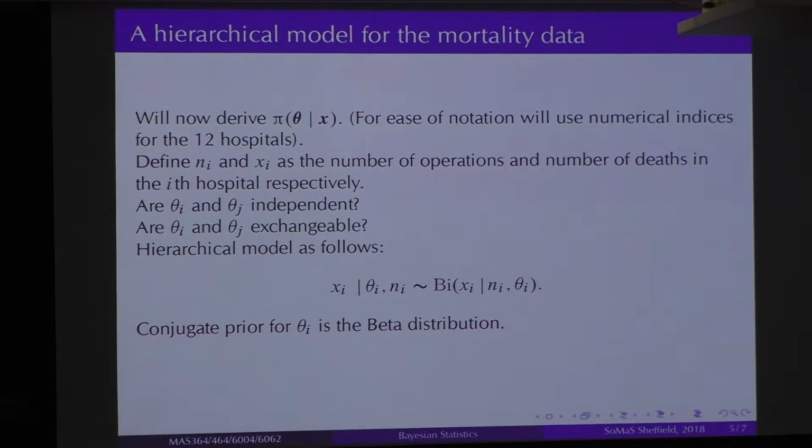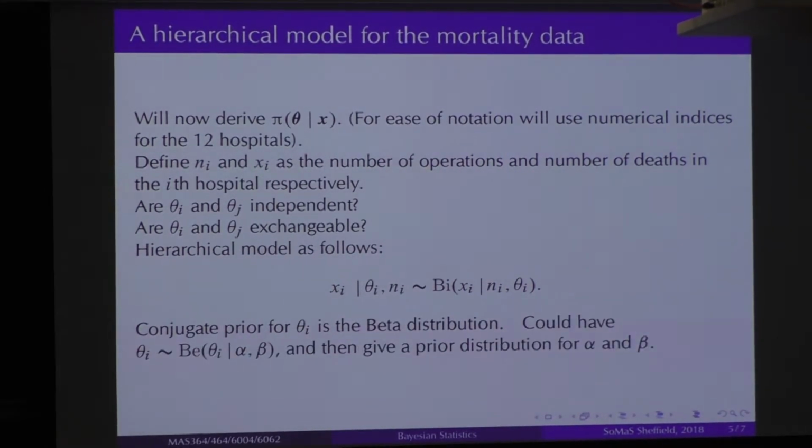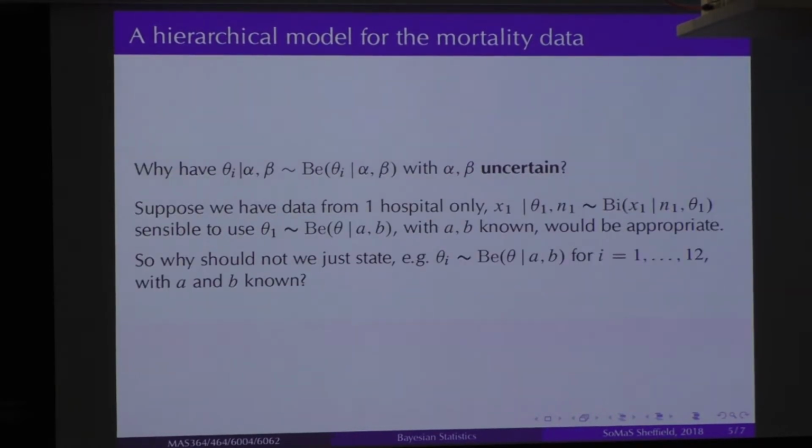So if they were independent, we would have an analytical posterior for each one of the thetas, okay? We could have one prior for each one of the theta i's with the same parameters, okay? And they are independent. And that would mean that we would have independent estimates, independent posteriors, all betas, for each one of the thetas, okay?